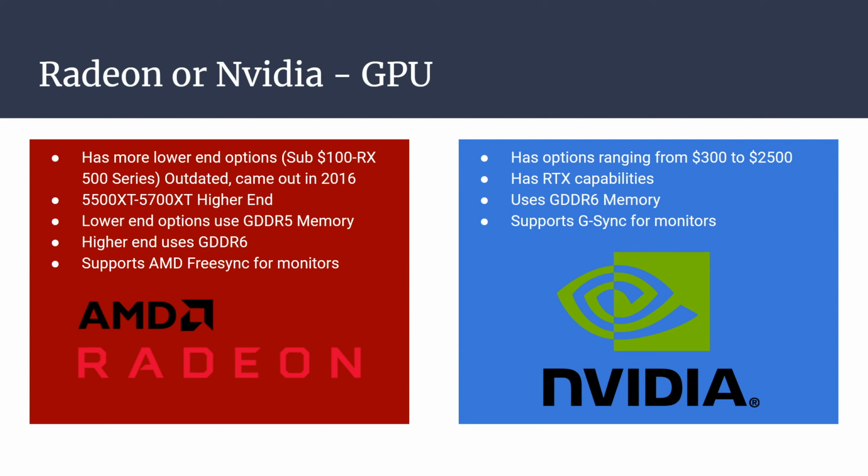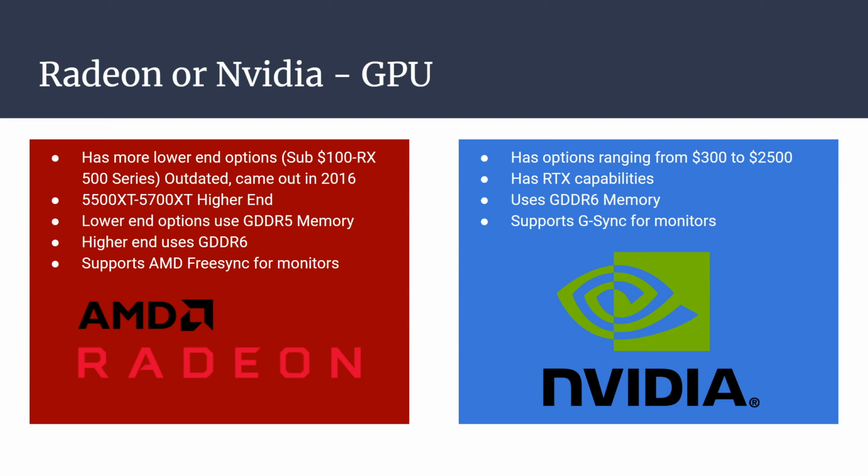So, back to the more specifics on AMD GPUs. AMD has more lower-end options, in the sub-$100 to $150 price point. They have the 500 series: 550, 560, 570, and 580. I believe they also have the 590 at this point, but these are outdated.